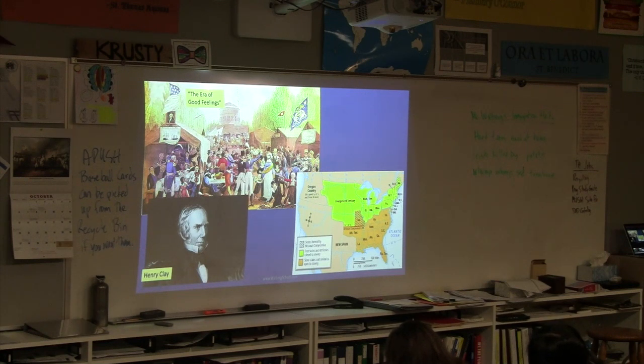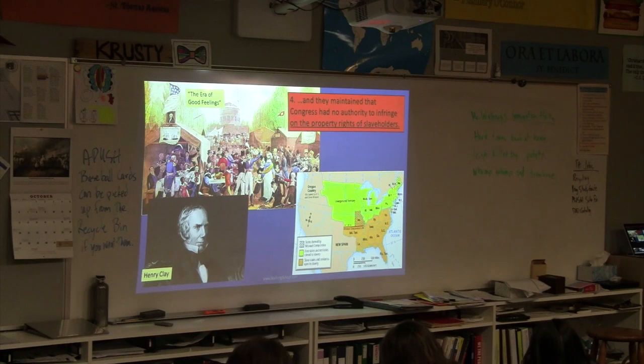All the states are equal, and slavery is a state issue, not a federal government issue, and certainly not a New York issue. And thirdly, they say that Congress has no authority to infringe on the property rights of slaveholders. Slaves are property, and Congress is prohibited by its own Constitution from seizing that property or controlling the ownership of stuff. Has no authority to infringe on the property rights of slaveholders.